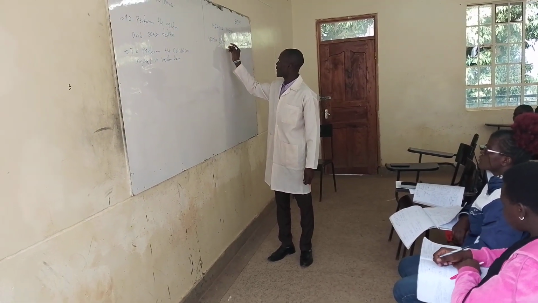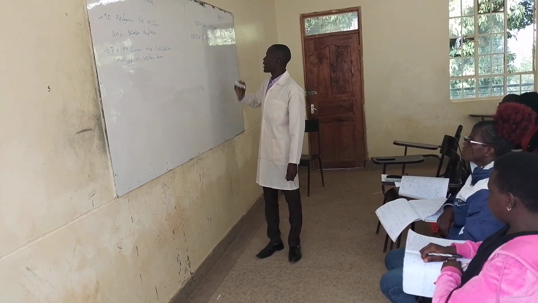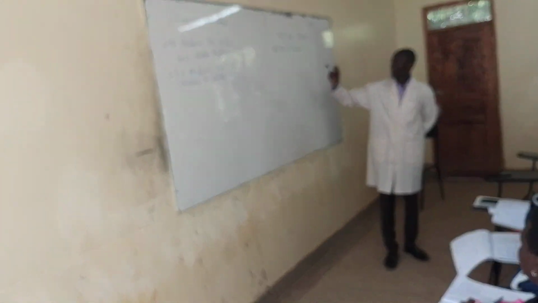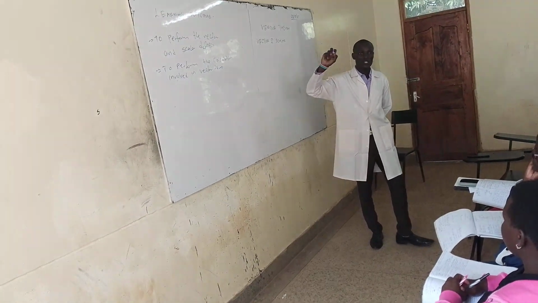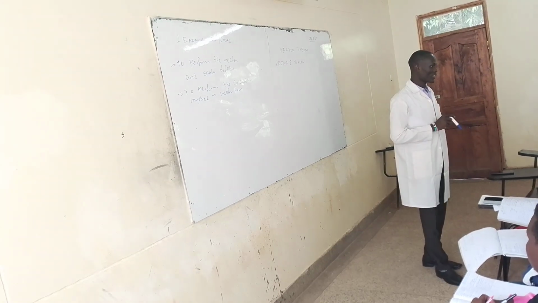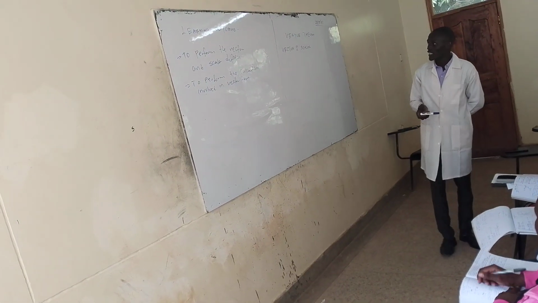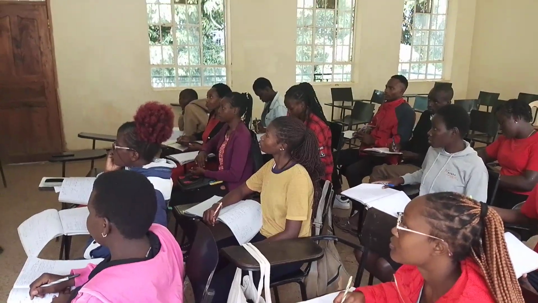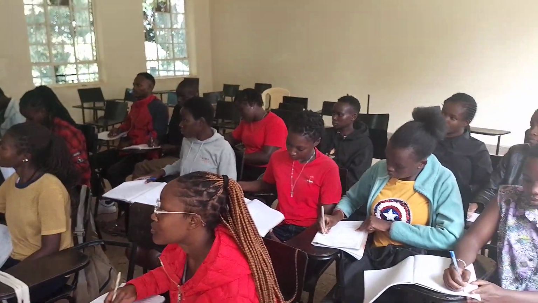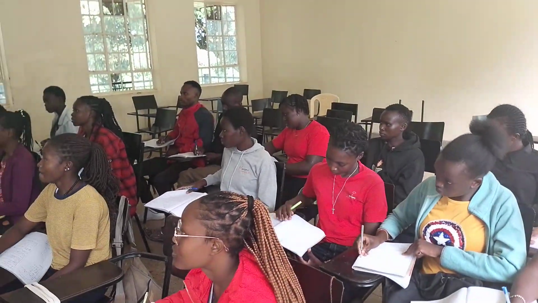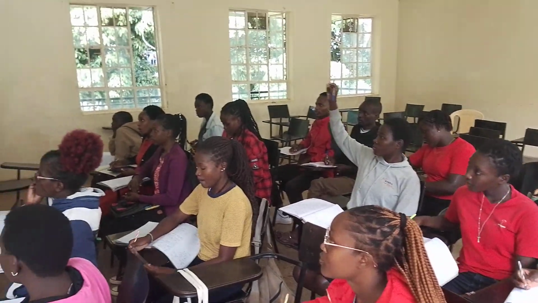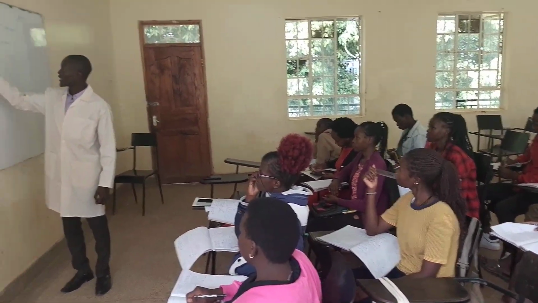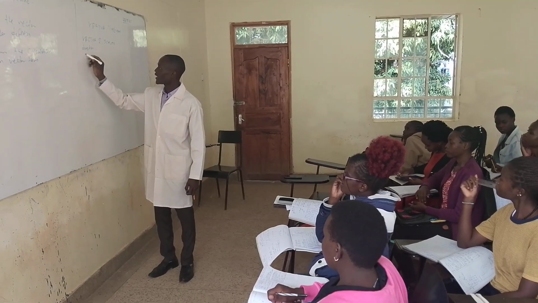Whenever we talk about vector and scalar, we have the one that deals with the magnitude and the direction, isn't it? Then we have the other one that doesn't deal with the magnitude and direction. So in between the two, which one deals with the magnitude and the direction? Yes. Vector.